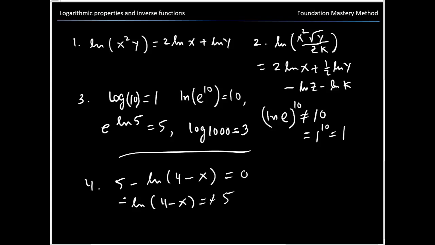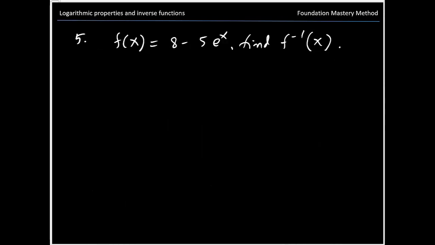Then you can cancel the negative from both sides by division. And now this is telling you 4 minus x is e to the 5. This is the conversion from logarithm to exponent. Now from here you can solve for x, which will give you 4 minus e to the 5, and we are done. So I'm going to the other part.